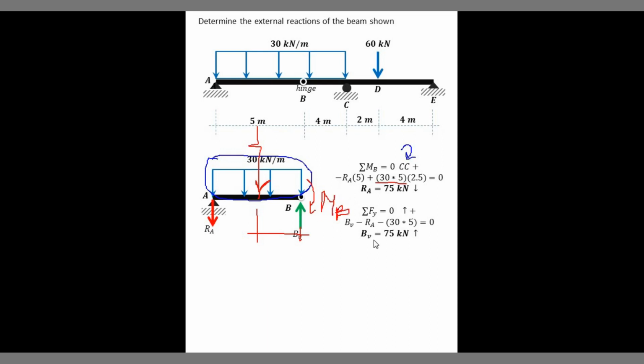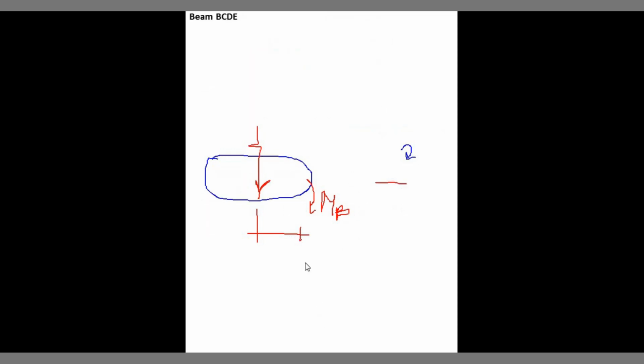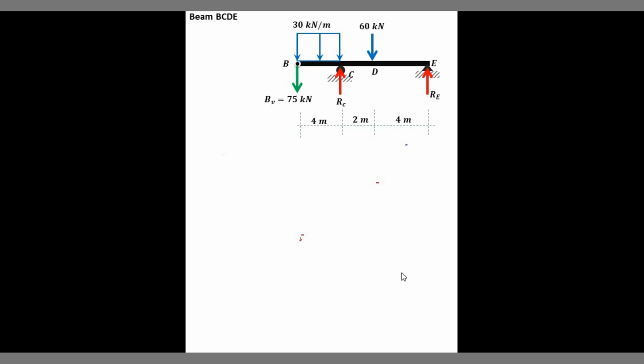If you want, you may double check it, and you will see the values are zero. So once I get the value of the internal reaction BV, I can now go to the other side of my beam, the beam BCDE.